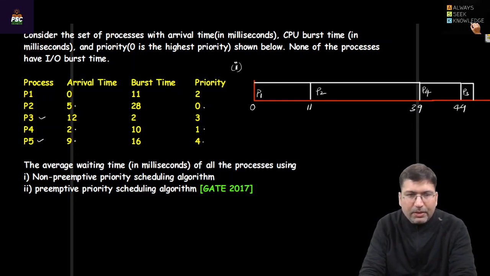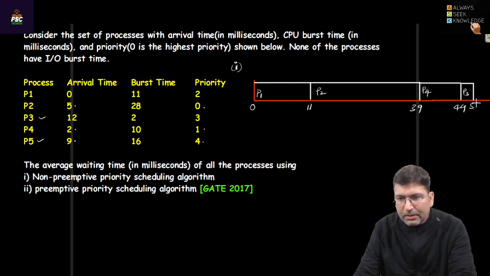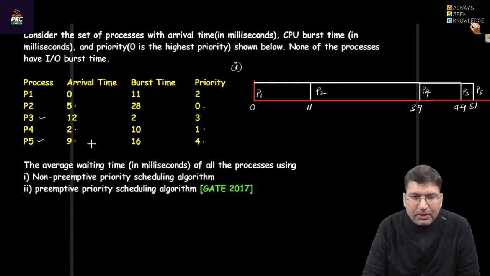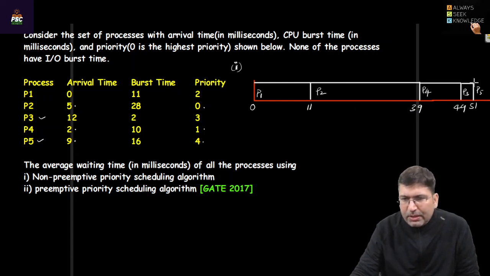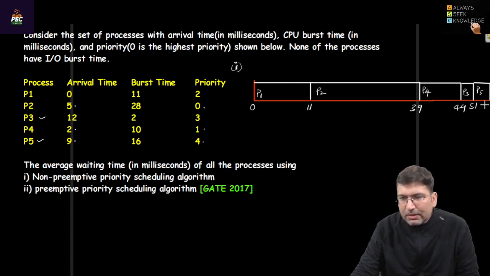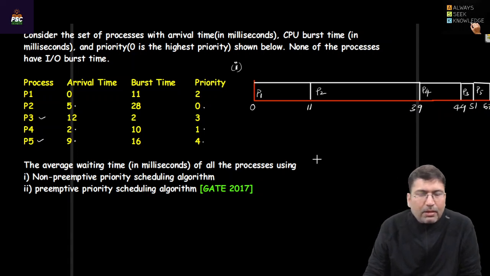So till 51 it will be executing. Then P5 will be scheduled. P5 requests 16 cycles, so it will execute from 51 for the next 16 cycles. It will give us 67, right?